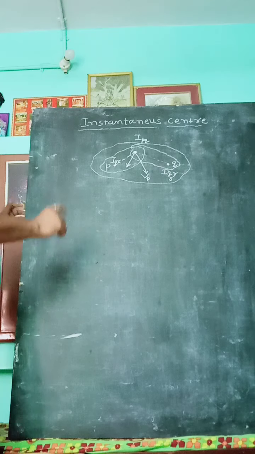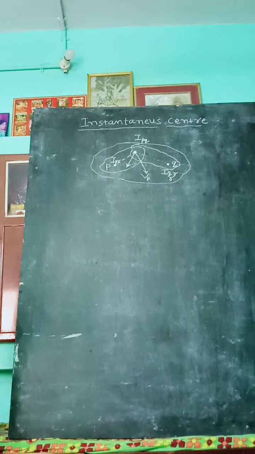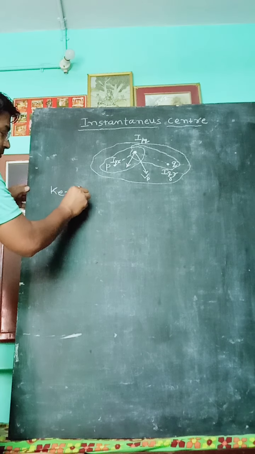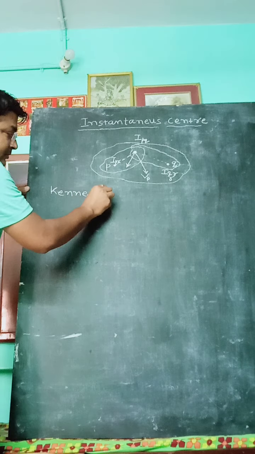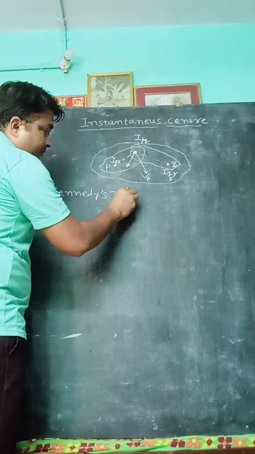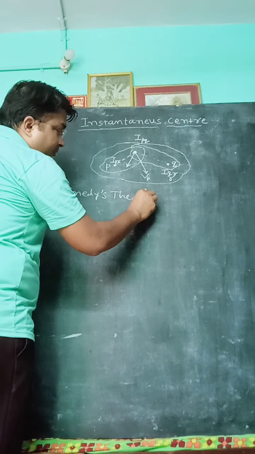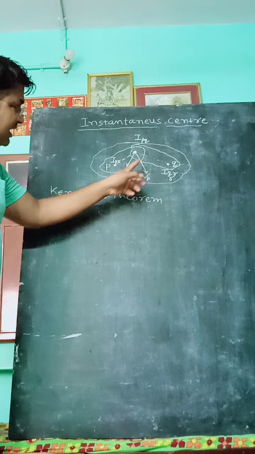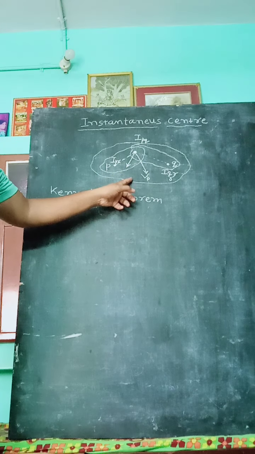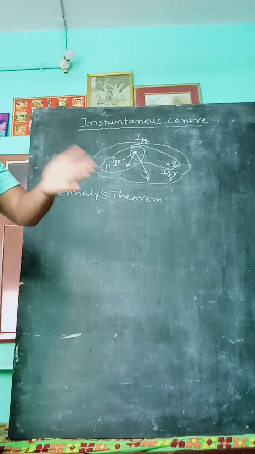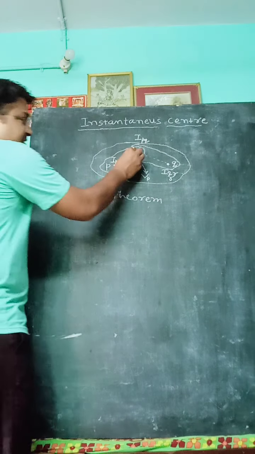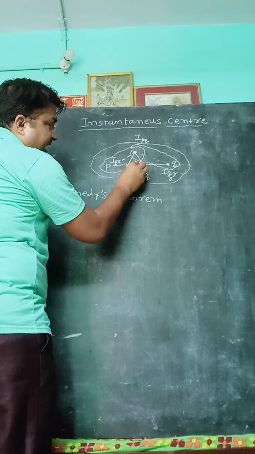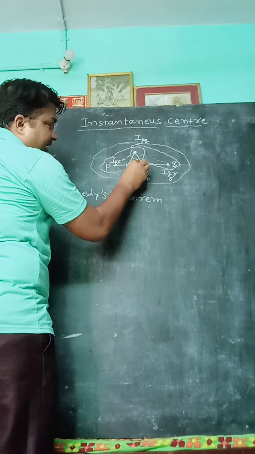That means, according to Kennedy's theorem, when three bodies are having relative motion with respect to each other, their instantaneous centers must lie on the same straight line.